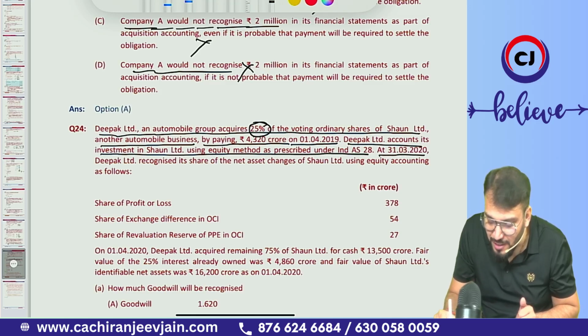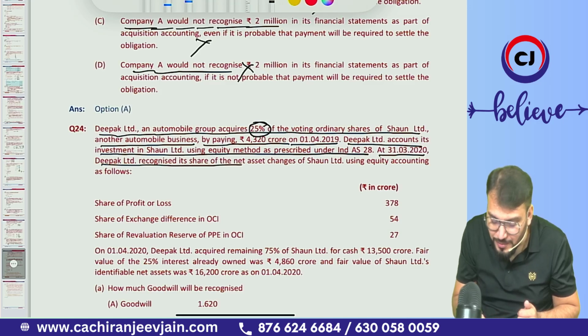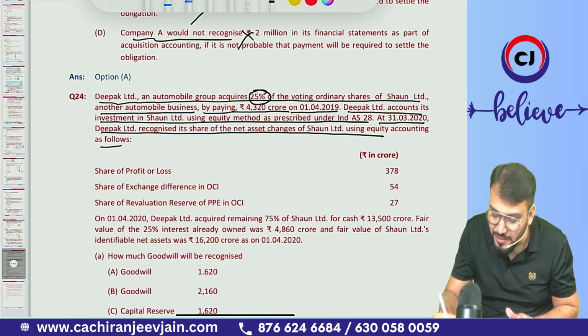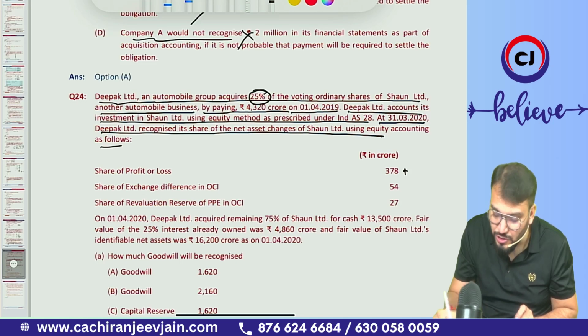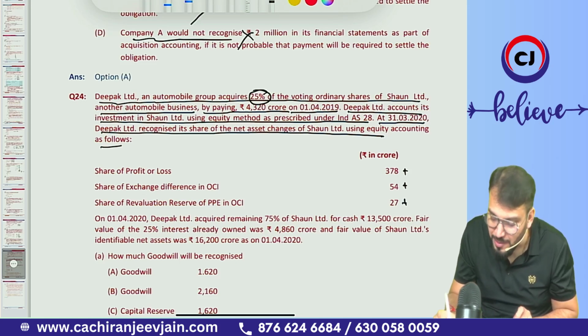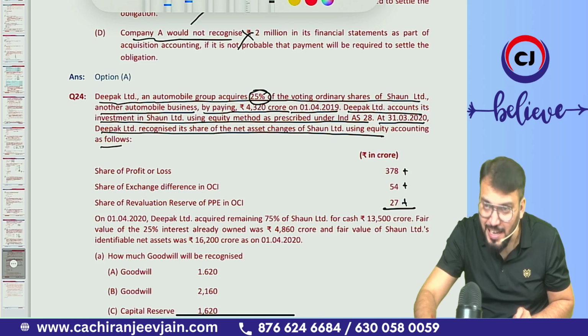At 31st March 2020, year end, Deepak Limited recognizes share of net asset changes in Son Limited using equity accounting as follows. Share in P&L will be added to investment as per Ind AS 28. Share of exchange difference in OCI will also be added, and share of revaluation reserve of PPE in OCI will also be added. So what will be the carrying amount of investment as per Ind AS 28?